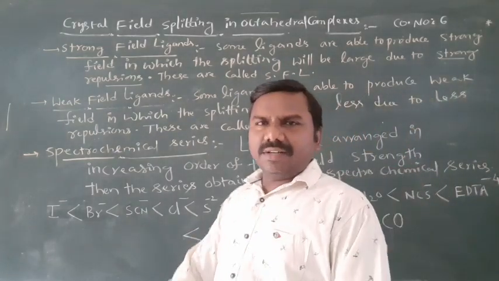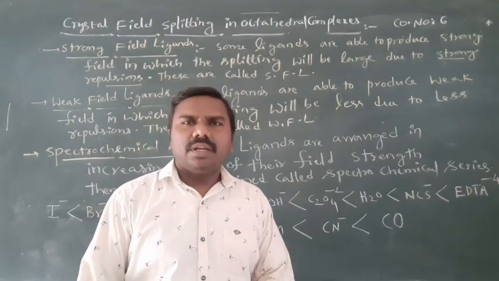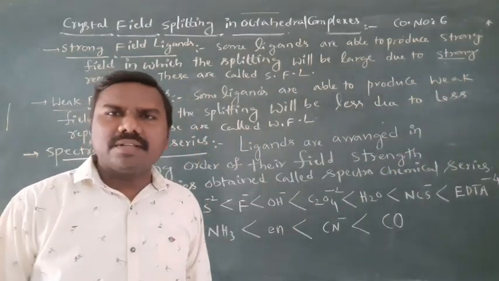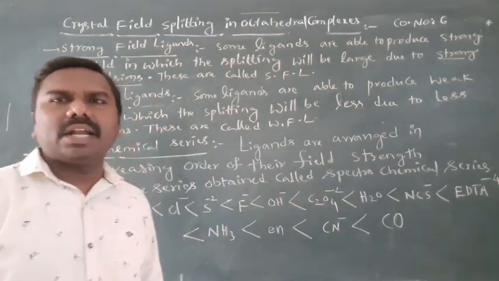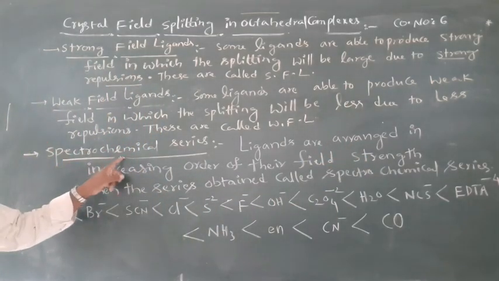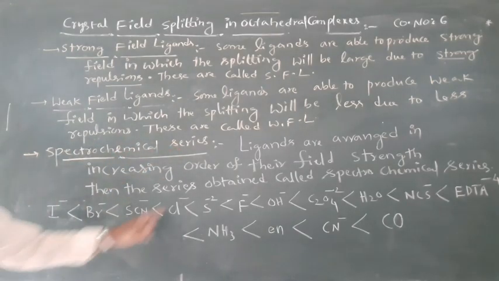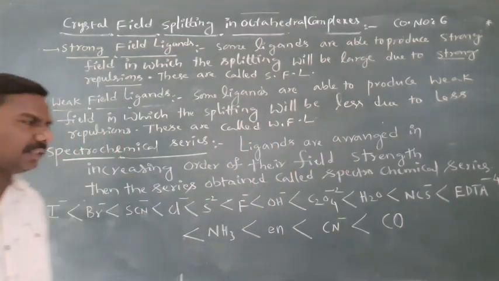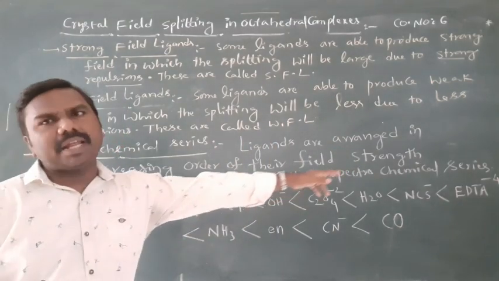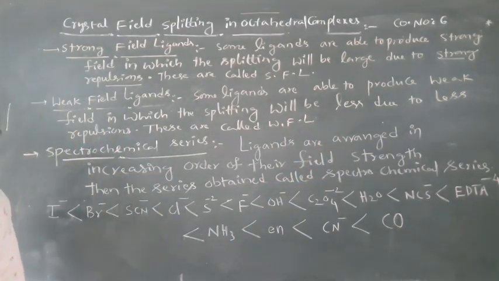If all the ligands are arranged in increasing order of their field strength, then you will get a series. The series is called the spectrochemical series.